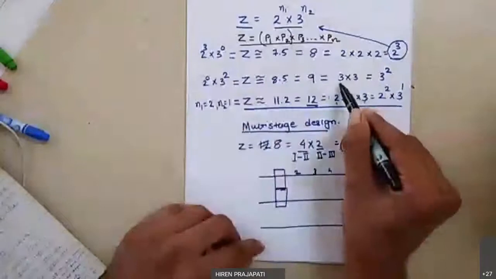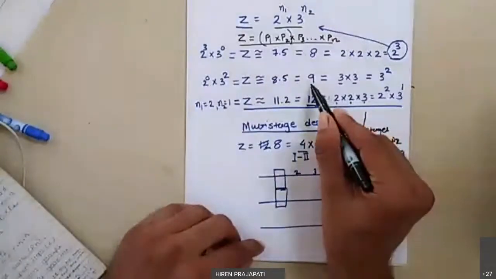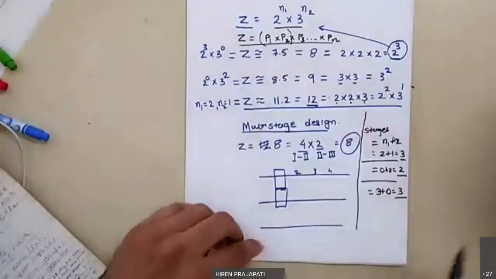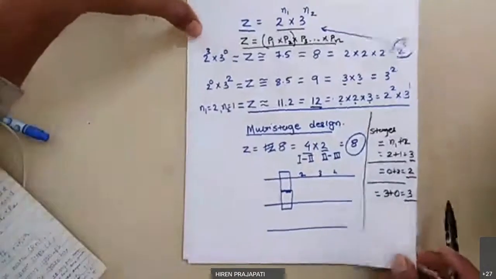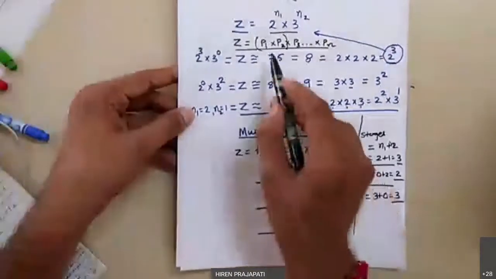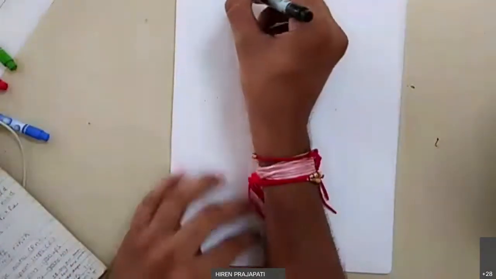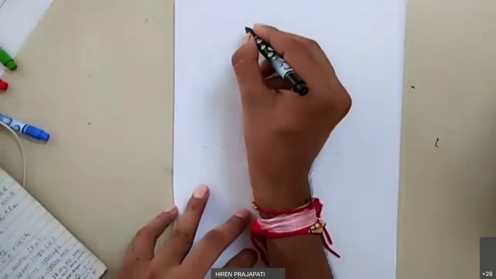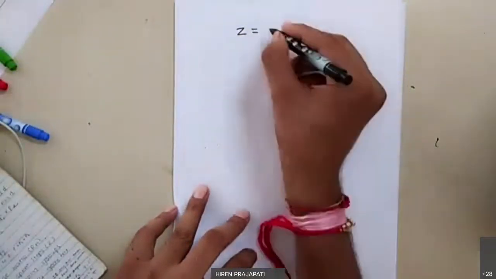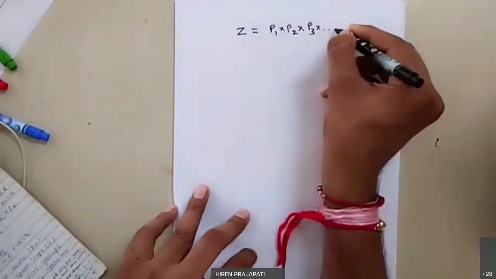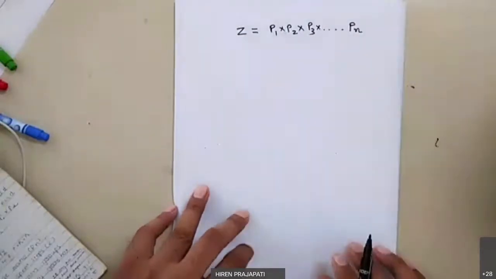And as we have already discussed, we need to divide the number of speeds in terms of 2 and 3 only. So always we restrict up to P1 and P2. Right. But for the generalized form, if we consider up to Pn, then again I am writing Z equals P1 cross P2 cross P3 up to Pn, right?